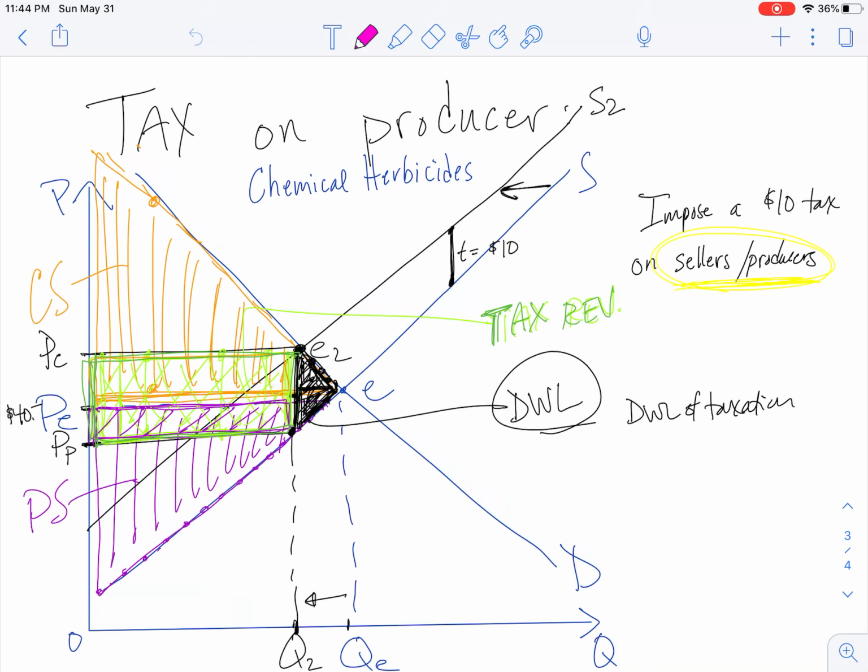It doesn't matter if you put, in the case of the last one we did, the chemical herbicides, it doesn't matter if you put the tax on the producers and it shifts the supply curve, or on the consumers and it shifts the demand curve by exactly $10, right? You end up with the same graph. So the legal incidence, that is whether you put this on the producers or on the consumers, right, and shift the demand curve, has no effect on the economic incidence.